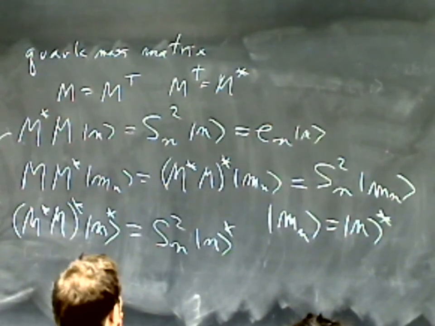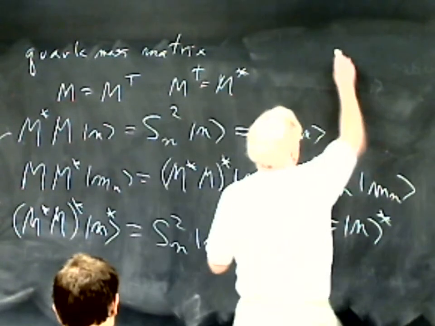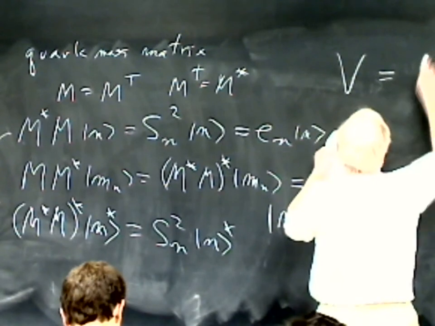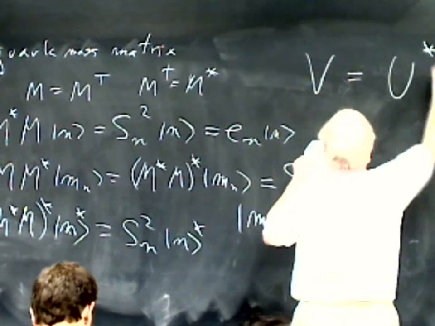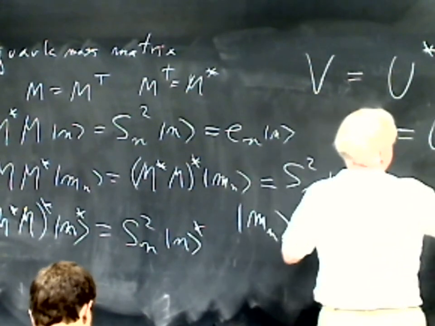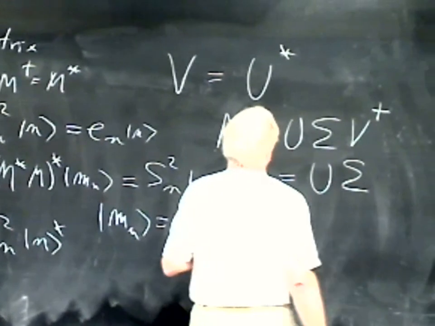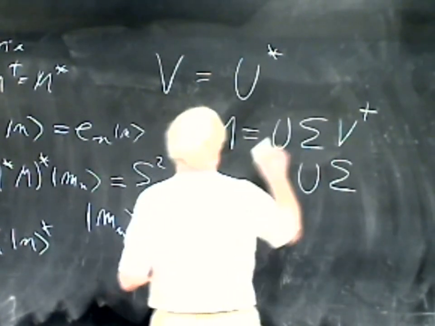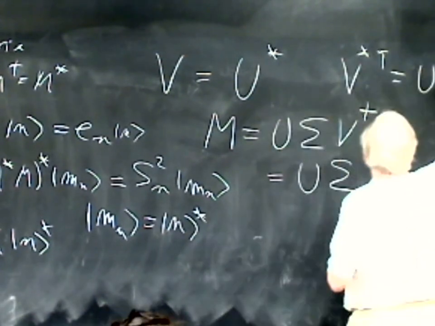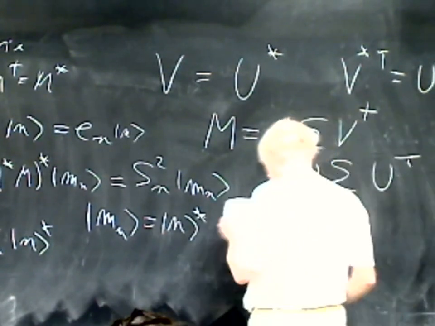And this means that the unitary matrix V is simply equal to the complex conjugate of U. And so the singular value decomposition, which would be U sigma V dagger, is then U sigma, and V dagger would be U star transpose, which is U transpose.